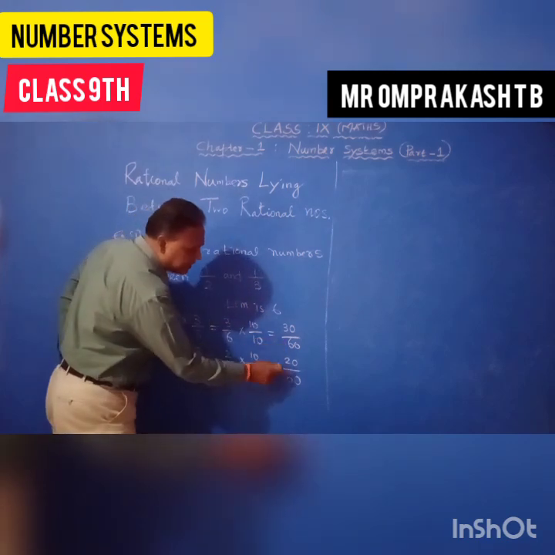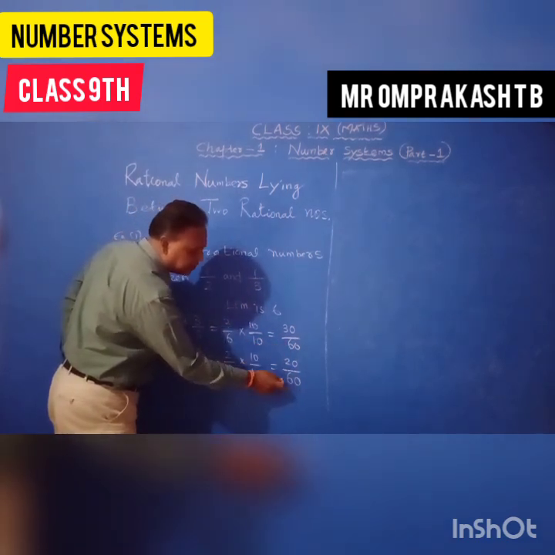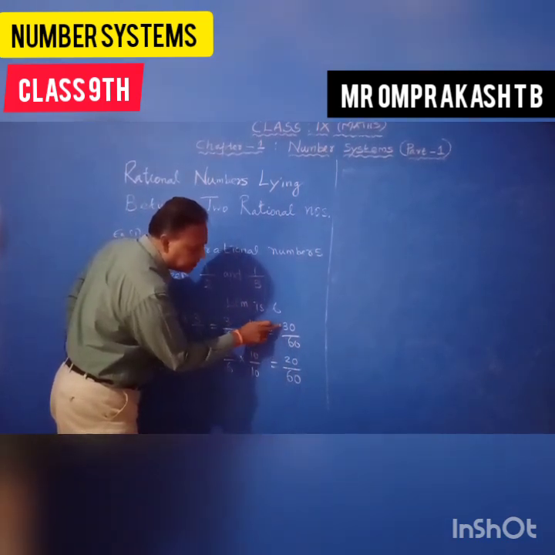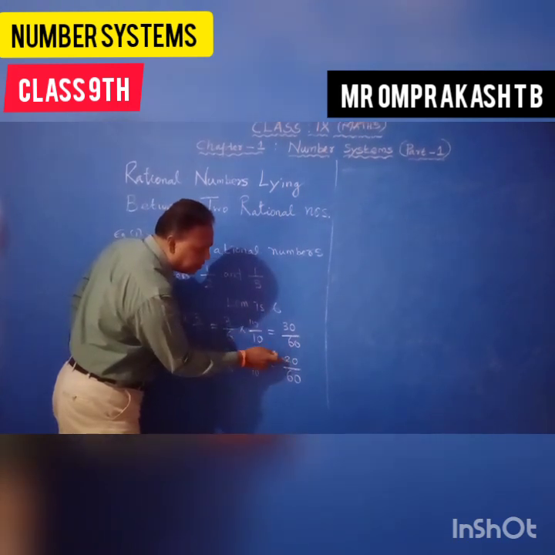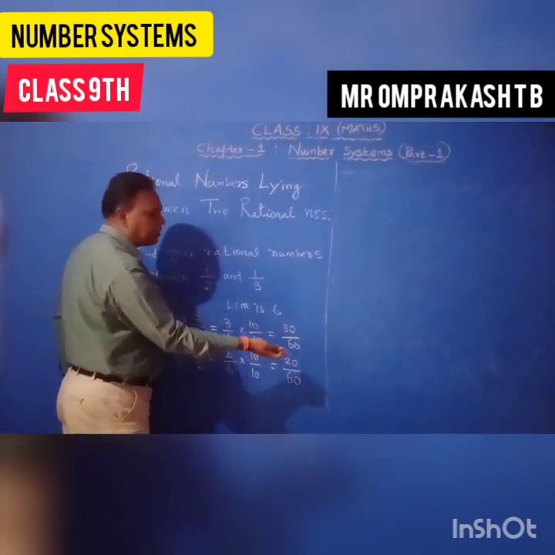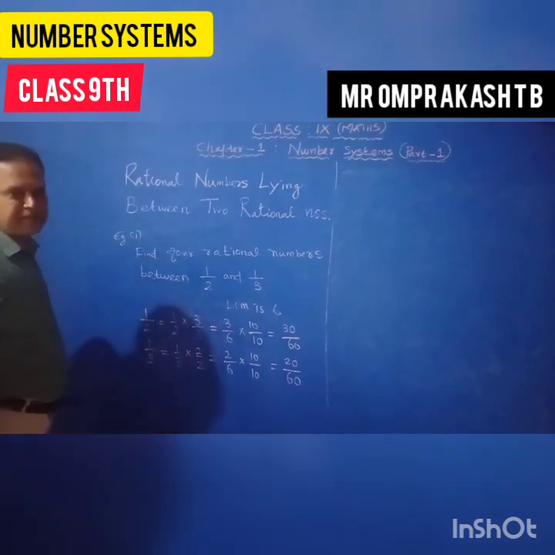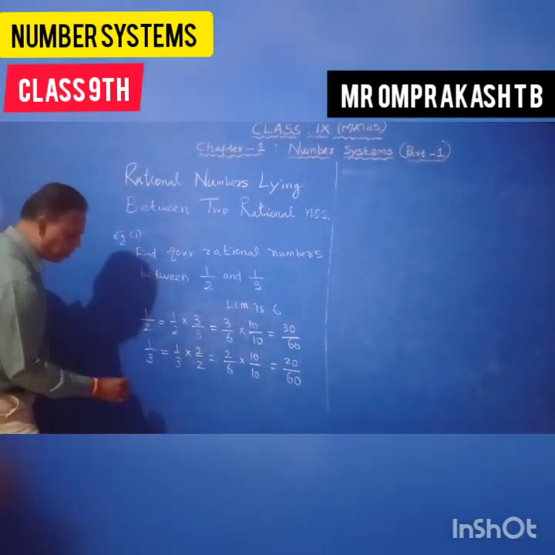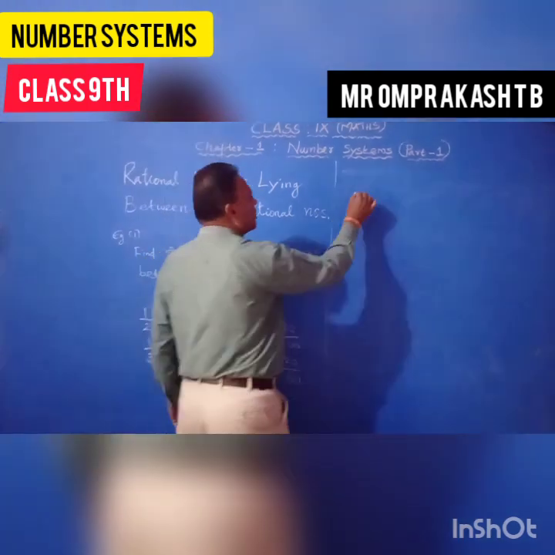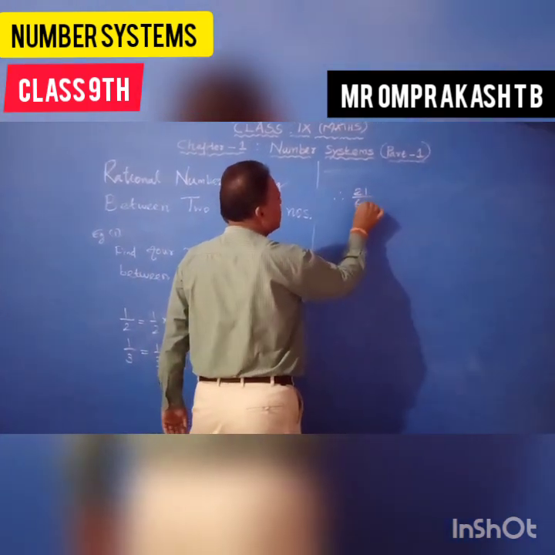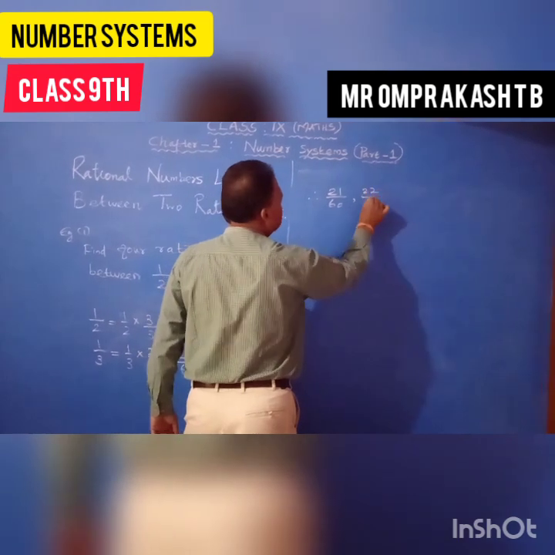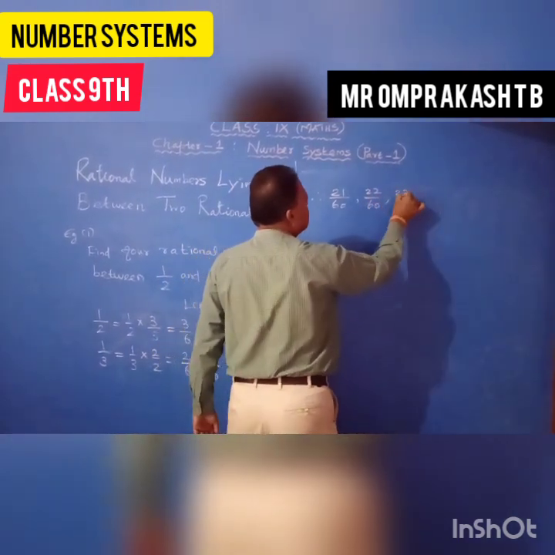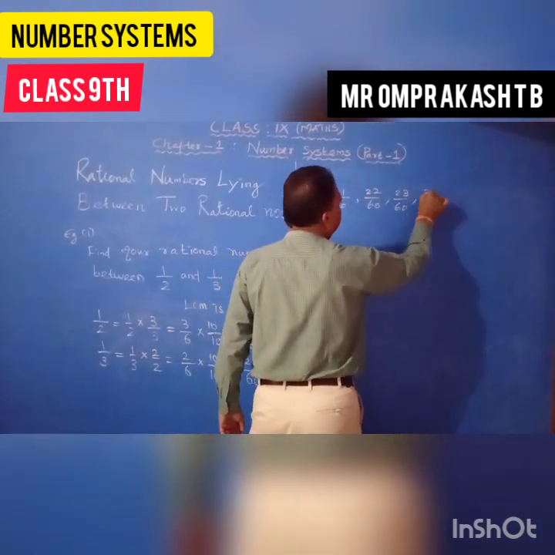Now see, the denominators are the same. So now see the numerators, 30 and 20. Between 30 and 20 there are nearly 9 numbers, so we have to write only 4 numbers. Easily we can write 21 by 60, 22 by 60, 23 by 60, 24 by 60.